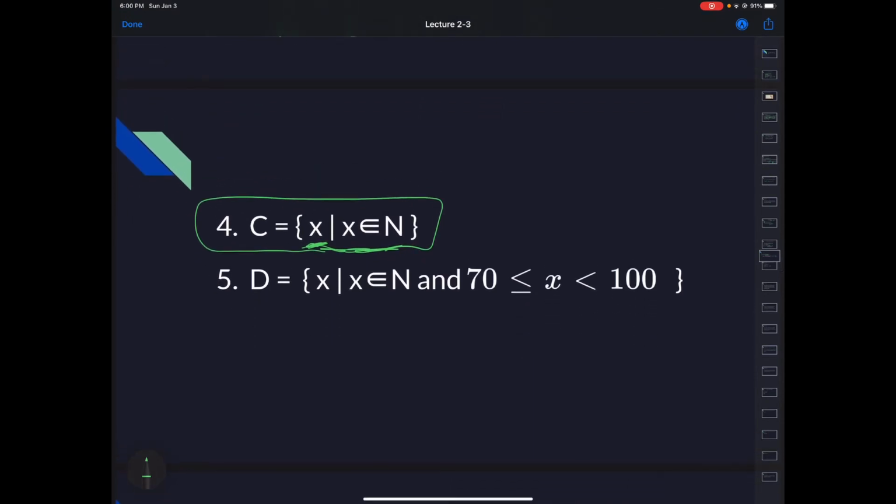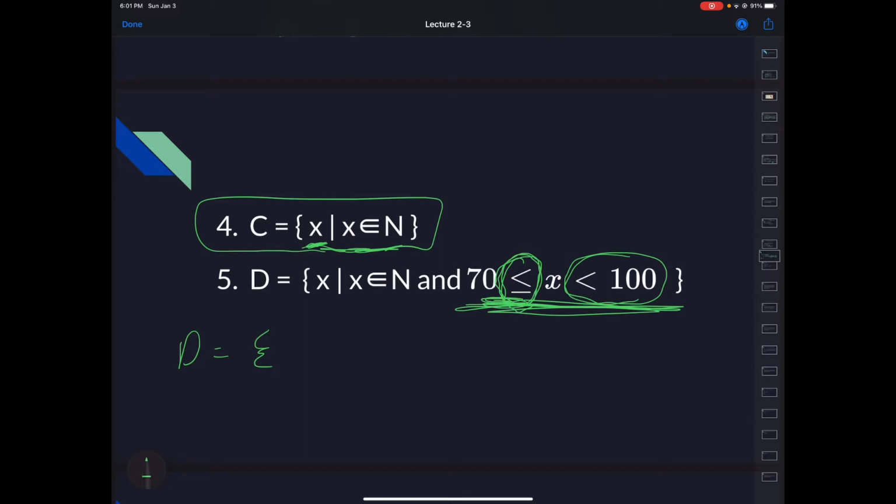And then we have number 5, D is equal to x, given that x is a natural number and x is between 70 and 100, with 70 inclusive. This says that 70 is less than or equal to x, but x is less than 100, not inclusive. So D is equal to, we're starting at 70 and including 70 here.